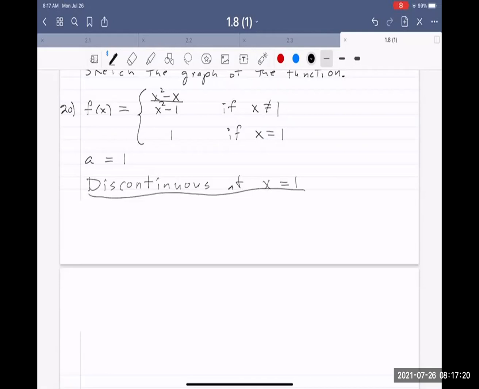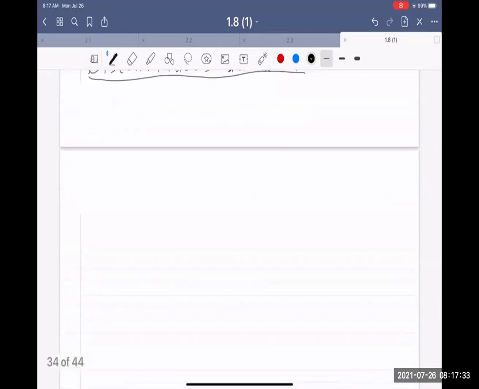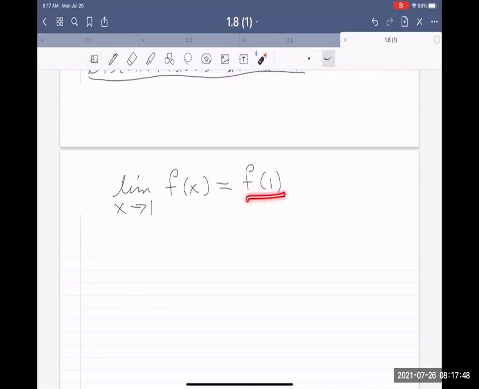So recall that a function is continuous at 1 if the limit as x approaches 1 of f of x is equal to f at 1. Okay, so let's try to figure out each of these.